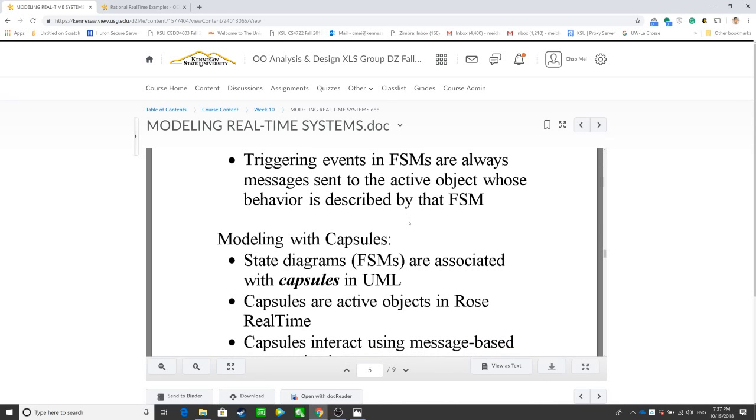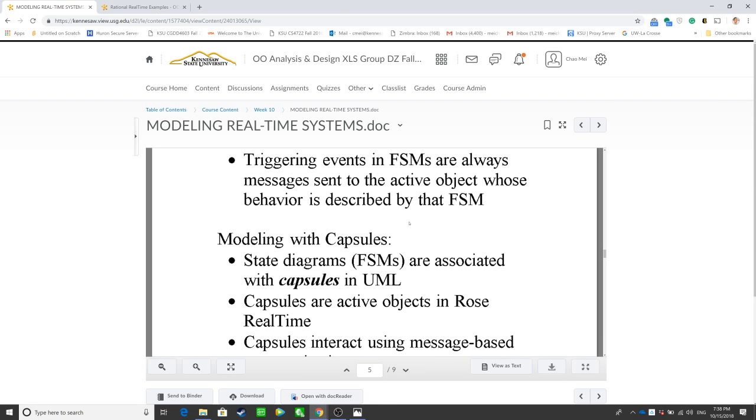They send messages between objects to trigger reactions. In a class diagram, I'm calling the method of another class just by calling, but in a capsule it's a little different. It's sending messages through the port, because they have their own thread. It doesn't depend on another procedure to call its method.